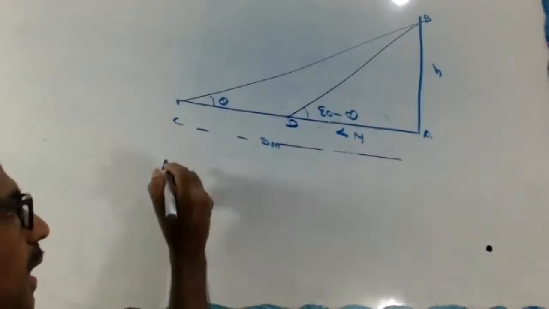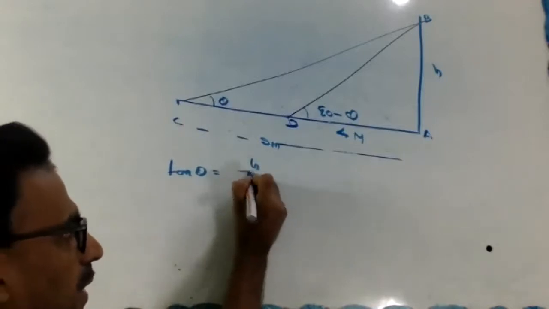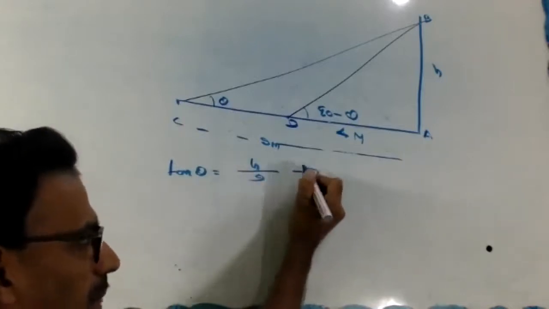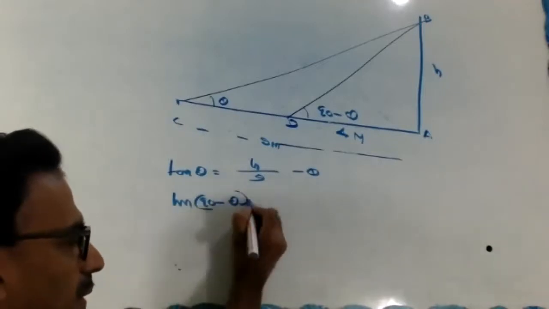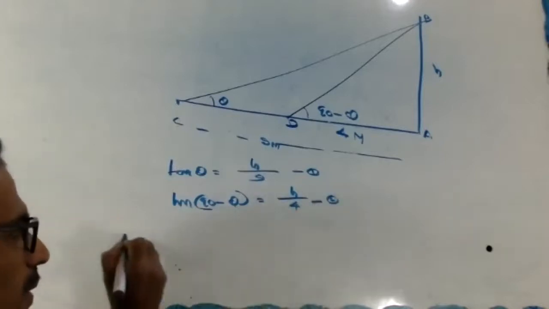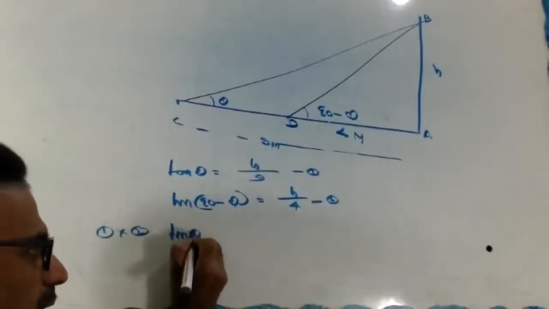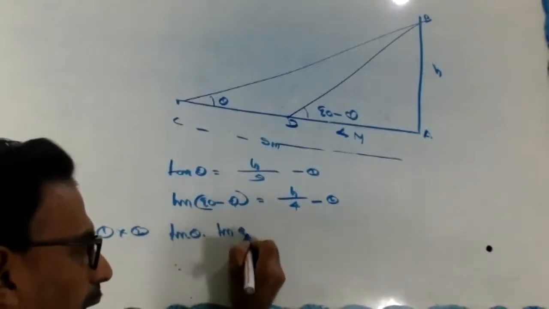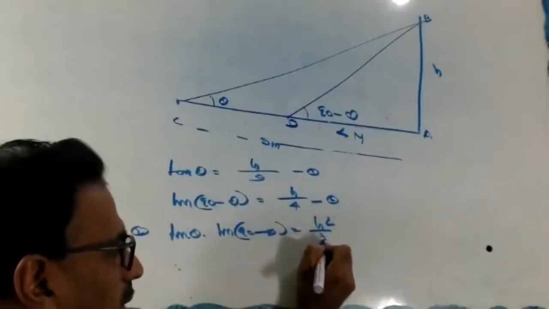Listen here. Tan theta equals h divided by 9. Then tan (90 minus theta) equals h divided by 4. Multiplying the two, you get tan theta into tan (90 minus theta) equals h squared by 36.